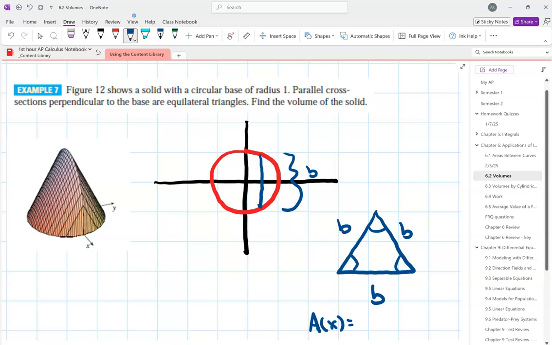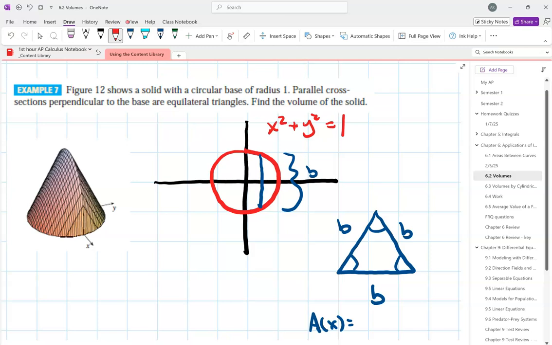Now, what I want to do here is, since it's a circle with radius 1, I know it looks like this, right? First thing I'm going to do is decide whether I'm going to be integrating with respect to y or with respect to x.